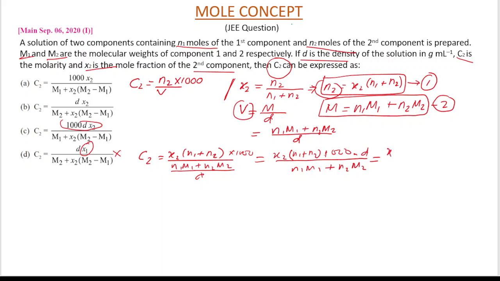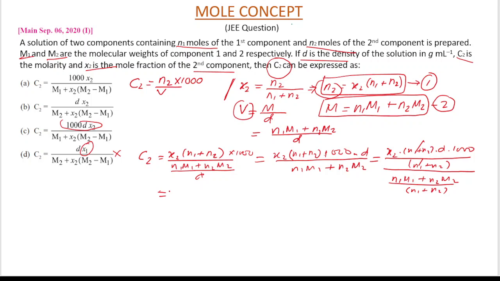So x2 into (n1 plus n2) into d into 1000, if we divide by (n1 plus n2), and same way we'll divide (n1 m1 plus n2 m2) by (n1 plus n2). So this will automatically cancel.